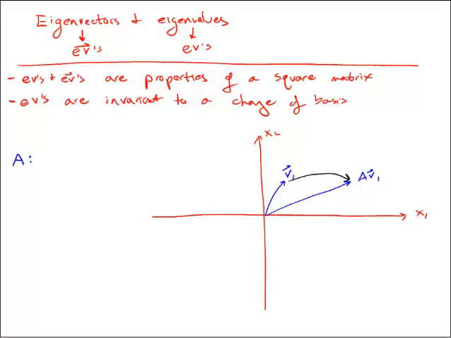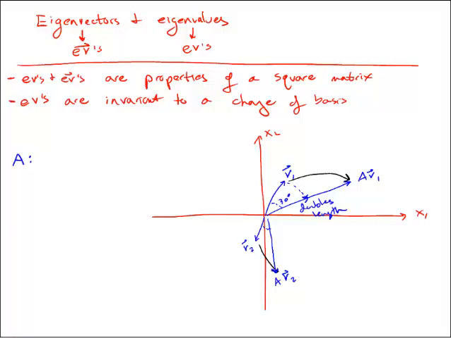And maybe you have V2 over here, and when you multiply A times V2, you get a vector over here. This is AV2. So what the matrix A is doing to each vector is rotating it by a certain amount and then stretching or shrinking it. For V1, it rotates it by maybe 30 degrees and then doubles its length. And something similar for V2: maybe it rotates it by 20 degrees and then scales its length by 2.5.